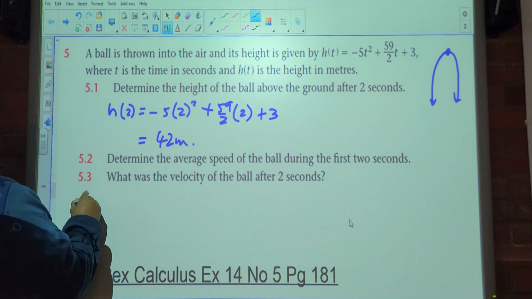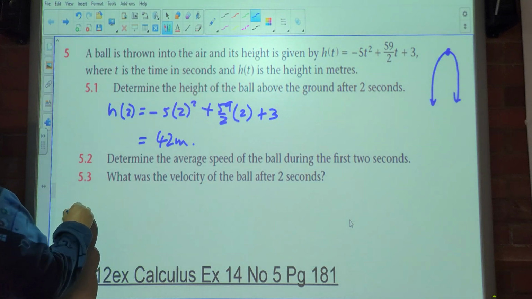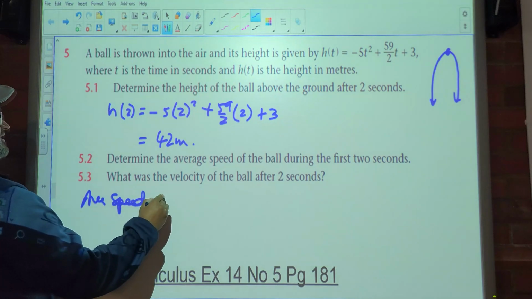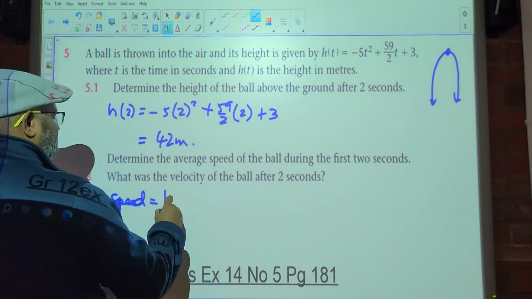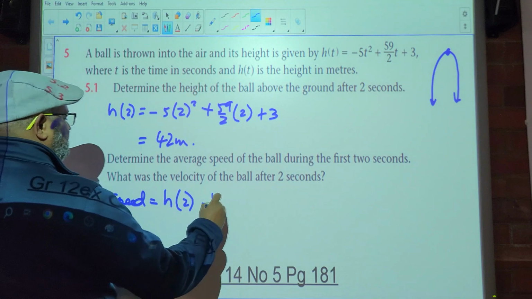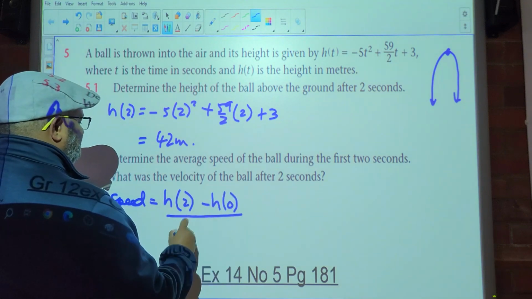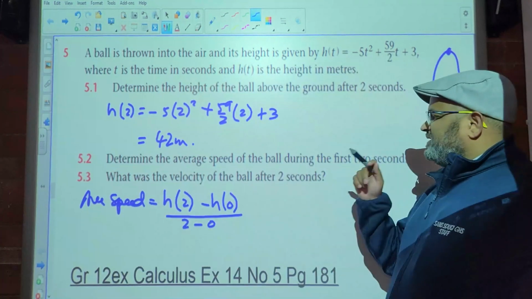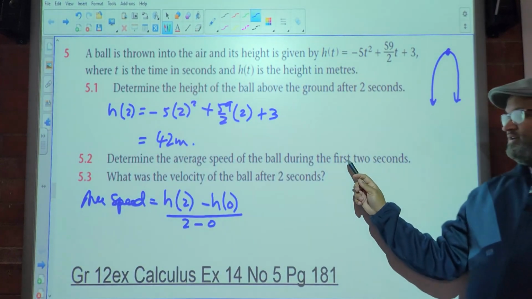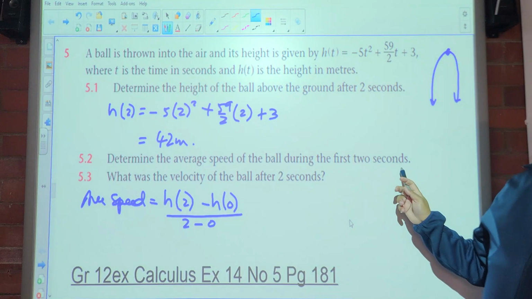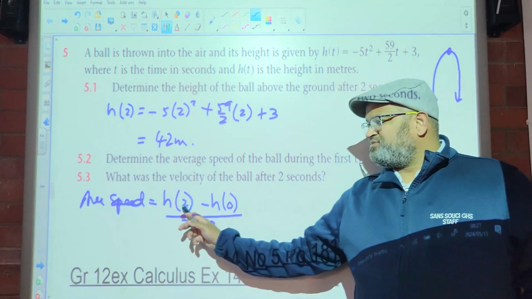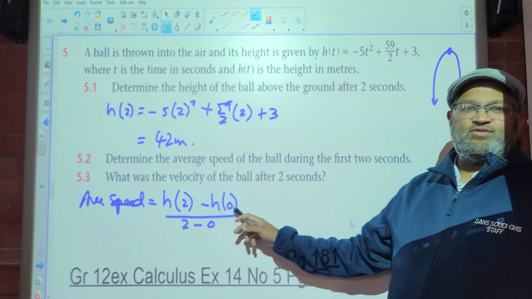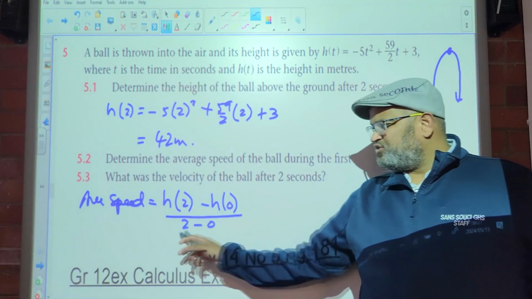So our average speed is going to be the displacement, or the height after 2 seconds minus the height at 0, over 2 minus 0. If it was the average speed during the first and the second second, you'd work out the displacement after 2 seconds minus the displacement after 1 second, over 2 minus 1.